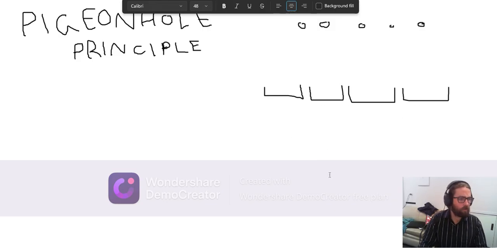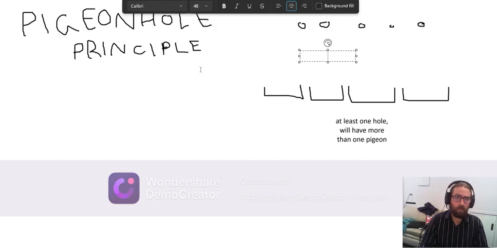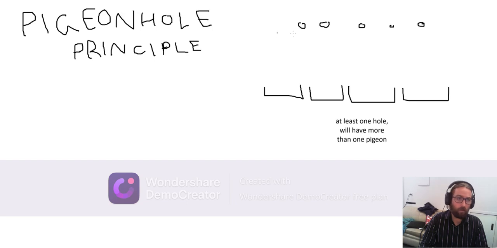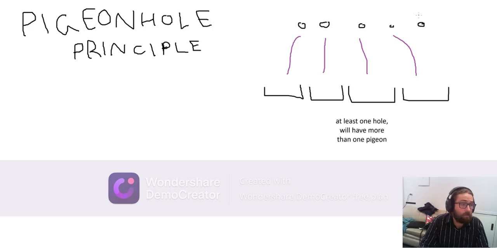Which should kind of make sense. I mean, there's more pigeons than there are holes. So basically the idea is that, if they all go to a different hole, which is the only way they won't double up, this pigeon here is going to be forced to join the other pigeons.